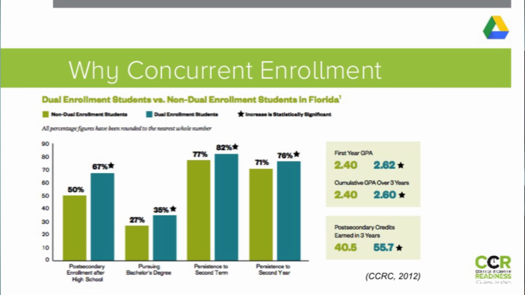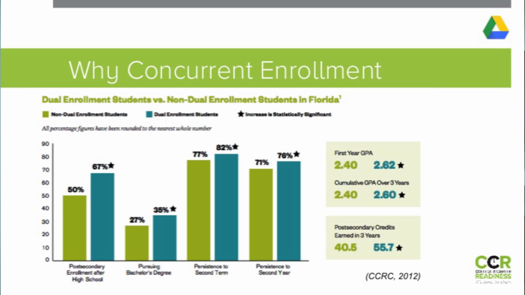So you can see there's a pretty drastic difference between the students that do enroll in post-secondary and the students that don't. And you can see also that for those students that have completed a dual enrollment course while in high school, their persistence to the second term, when they enter college and go into the second term, is 82%, versus 77% of those students who did not take a dual enrollment course in high school.